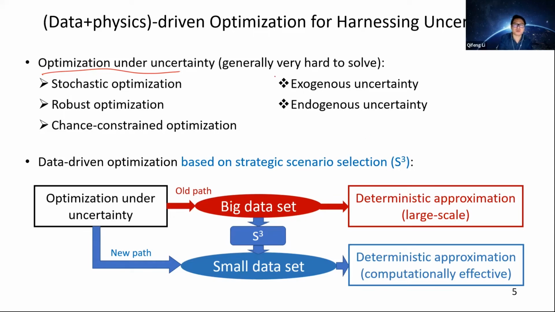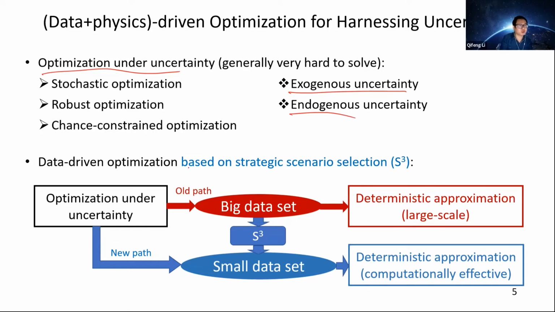So in our research, we also consider different types of uncertainty, like the exogenous uncertainty, which means decision independent uncertainty. For example, the uncertainty of the renewable belongs to this category. And we also consider the decision dependent uncertainty, which is called endogenous uncertainty.